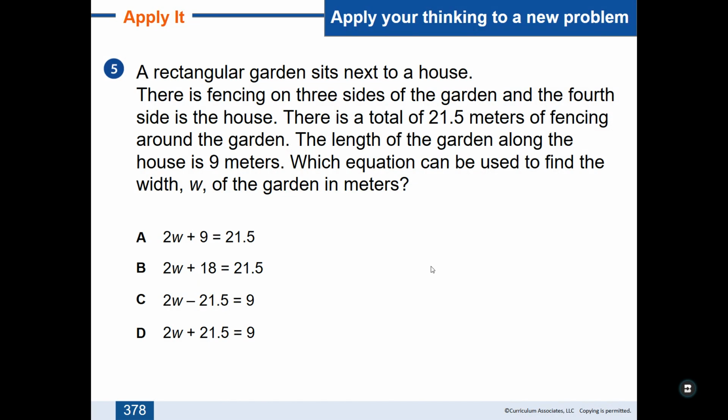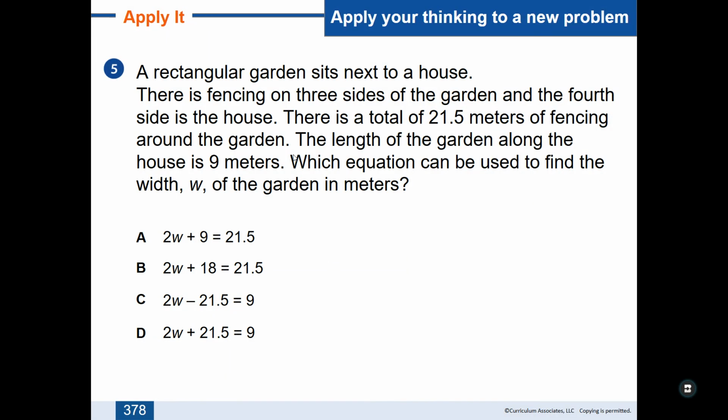So all 3 sides make that 21.5 meters. It tells us the length of the garden along the house is 9 meters. So we have this length is 9 meters. It's along the house. We're not going to add that, but that also tells us that we have this length right here, which is 9 meters.